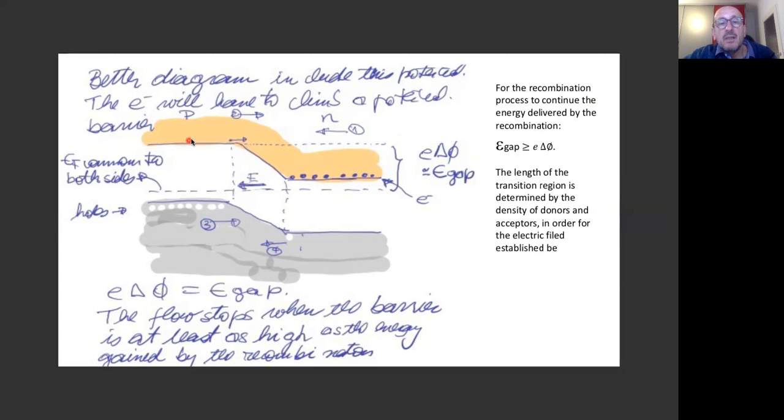Otherwise, it's like a machine: if the energy gained by recombining this electron with this hole is enough to give the next guy enough energy to surmount the hump, it can climb and get down, and the process will continue until the energy I can gain by making an optical transition is not enough to go over the hump. So I cannot raise these guys above. That's it.